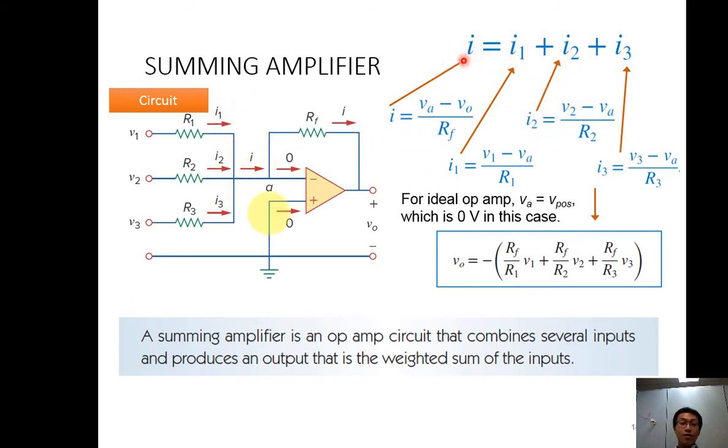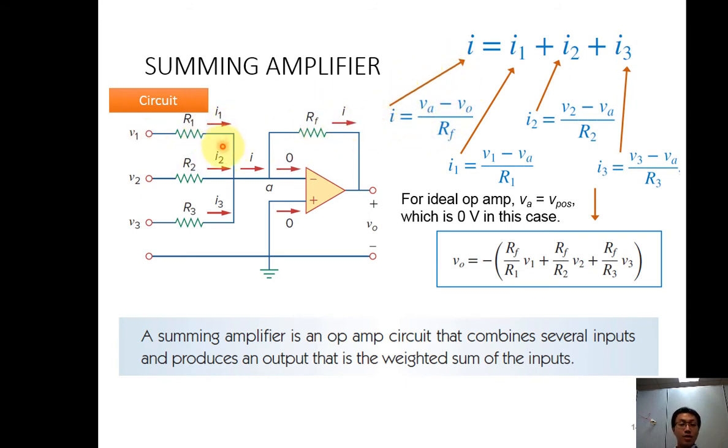Then what is my I? My I here is VA minus Vout divided by RF. Going from higher potential to lower potential, higher potential is VA, lower potential is Vout. So I use VA minus Vout divided by RF.